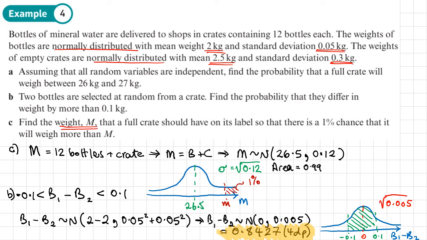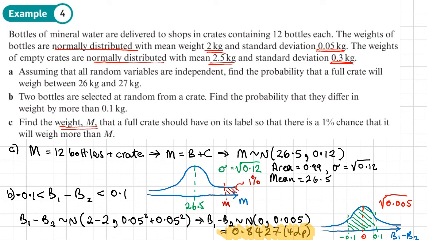The standard deviation that we type in, that's going to be the square root of 0.12. And the mean that we're going to type in is going to be 26.5.